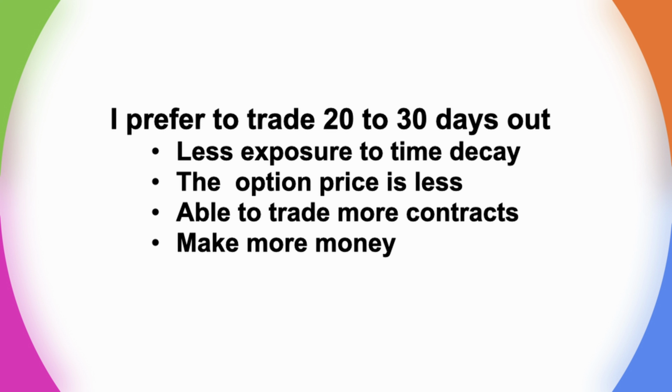You also don't want to trade in an expiration period that is too close because of time decay. The minimum I will consider for my expiration period is about 2 weeks in the future. I prefer to trade 20 to 30 days in the future. Less exposure of time decay, the option price is less, and I can trade more contracts and make more money there.